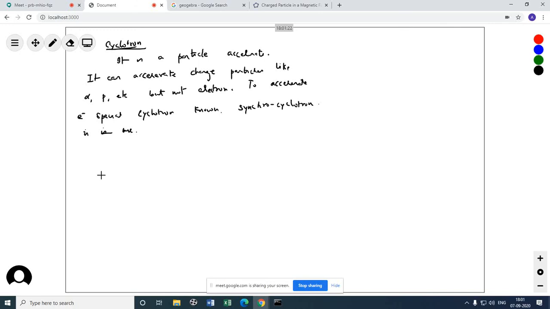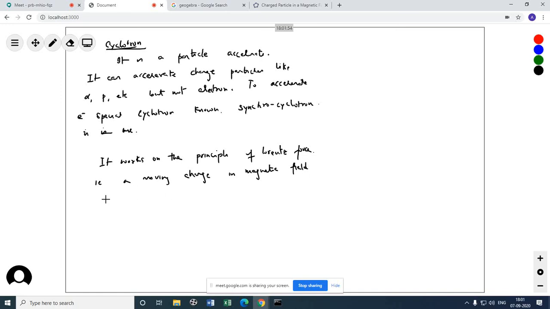Now, what is the principle it works on? It works on the principle of Lorentz force. That is, a moving charge in a magnetic field experiences a force.